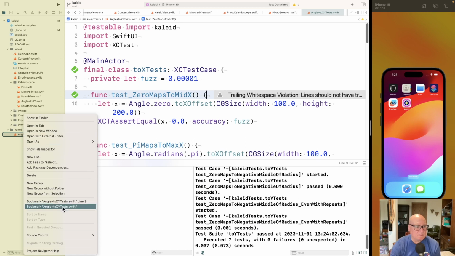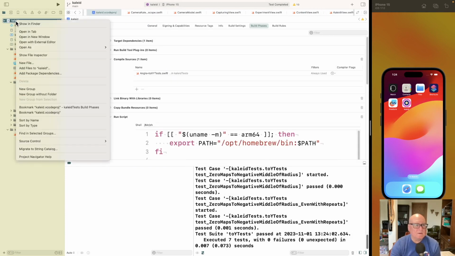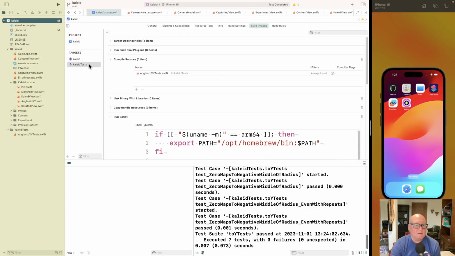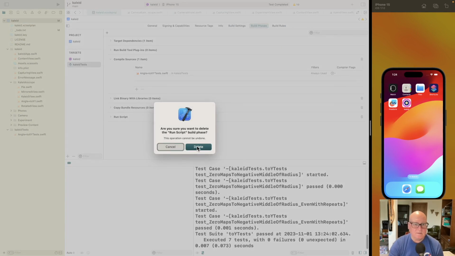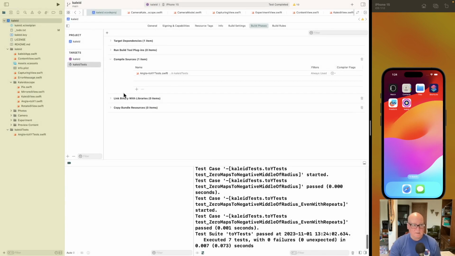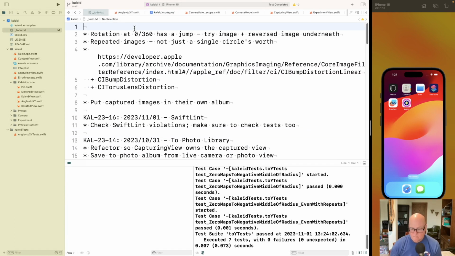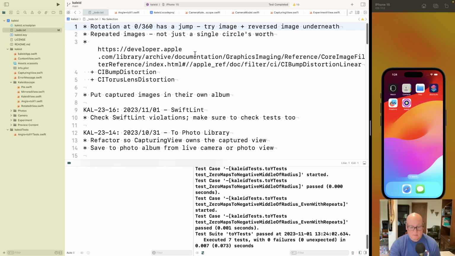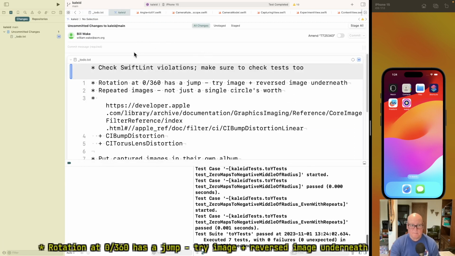Well, I guess I can just revert this and modify that again. Delete that stage from the tests. Okay. Good. Alrighty. It's just the to-do. Okay.